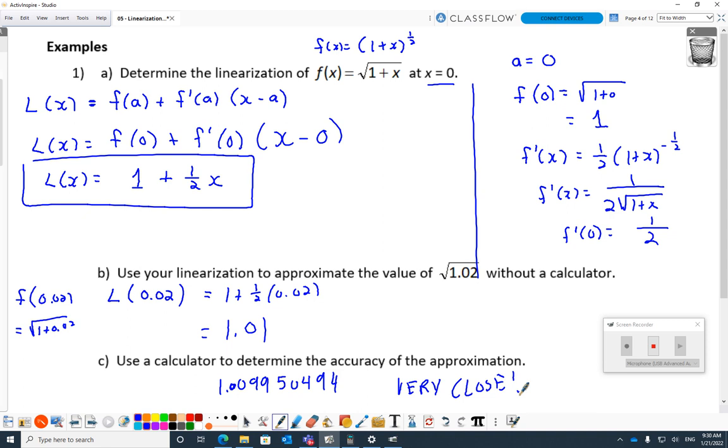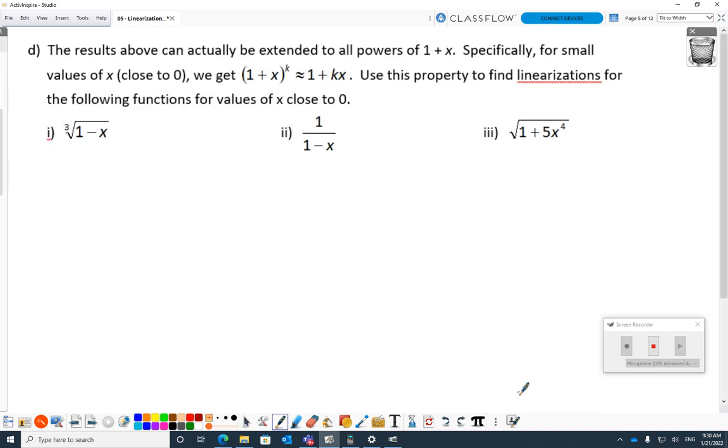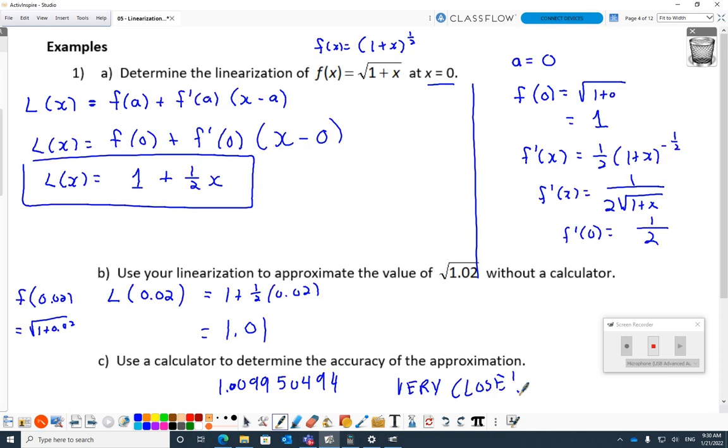Any questions there? Hopefully seeing it in action, you're like, okay, this isn't nearly as bad as it looked. I've got a formula for finding the linearization, which is an approximation to the regular curve. The result below can actually be extended to all powers of x. There was a nice little jump here for linearization.